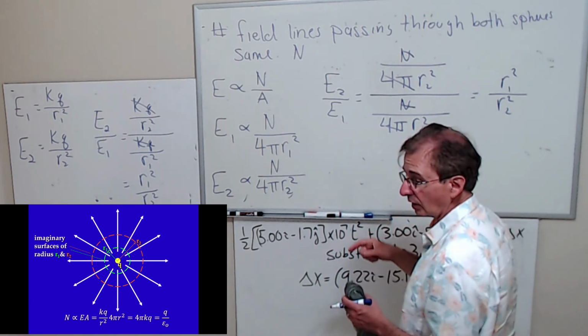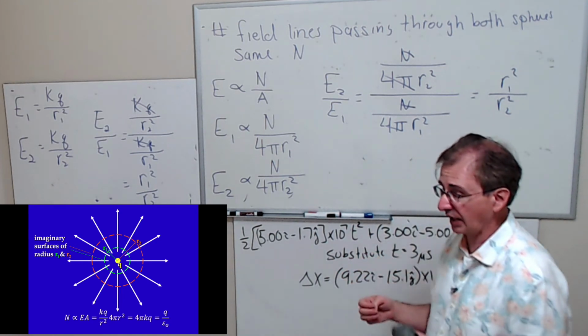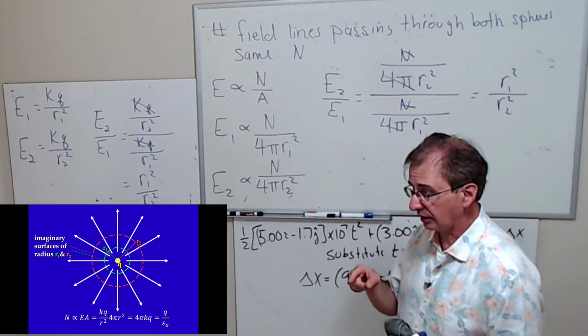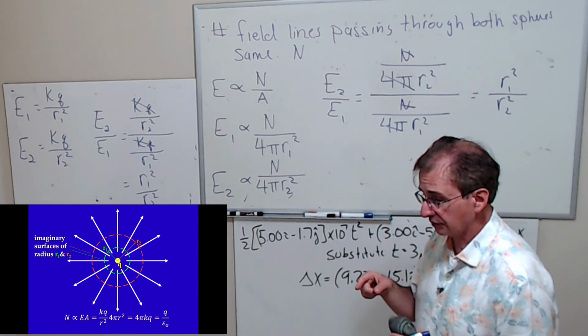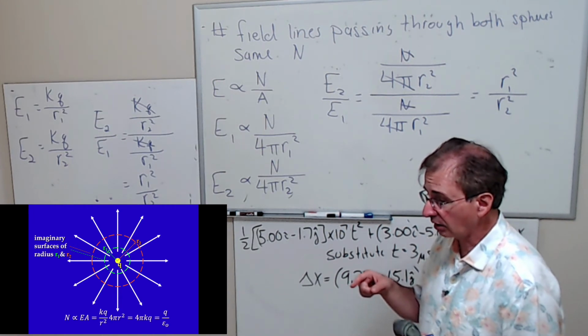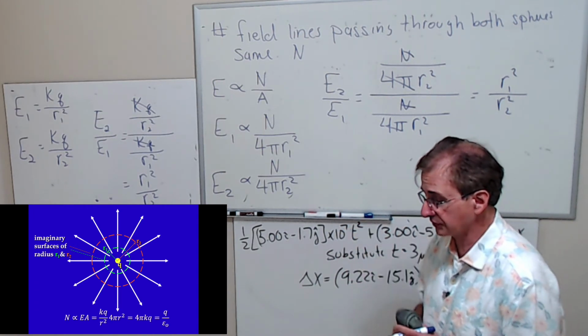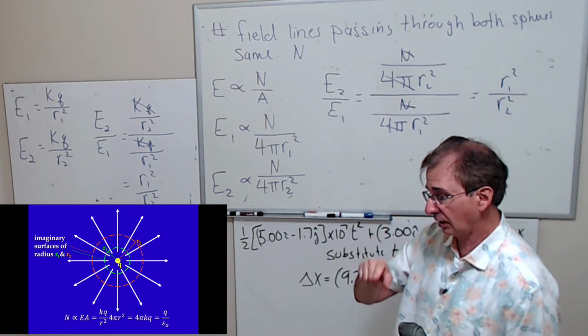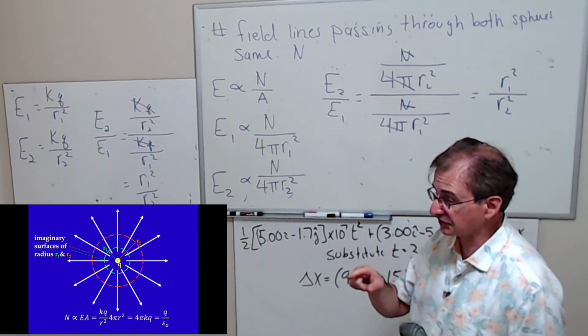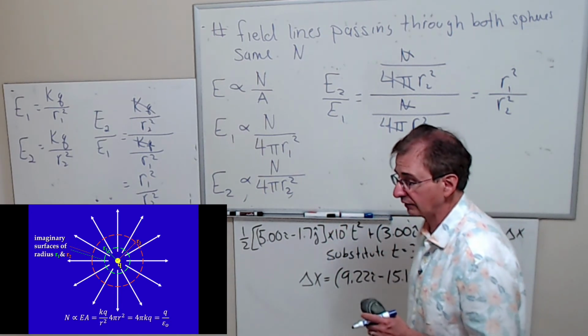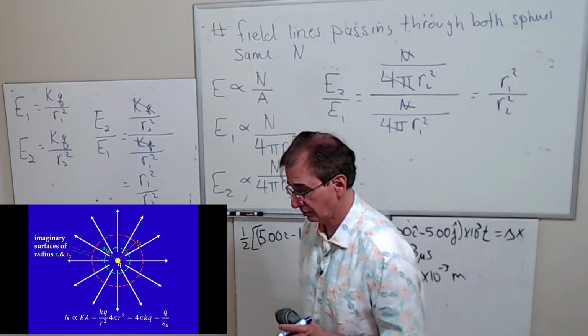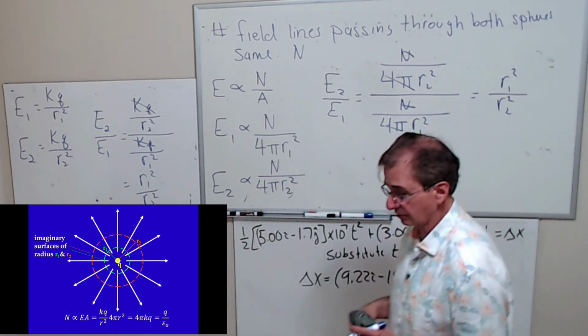The reason I can just multiply E times A is because E is uniform all the way around each one of those surfaces. E has the same value all the way around that surface, and E has the same direction relative to the normal to the surface, all the way around.